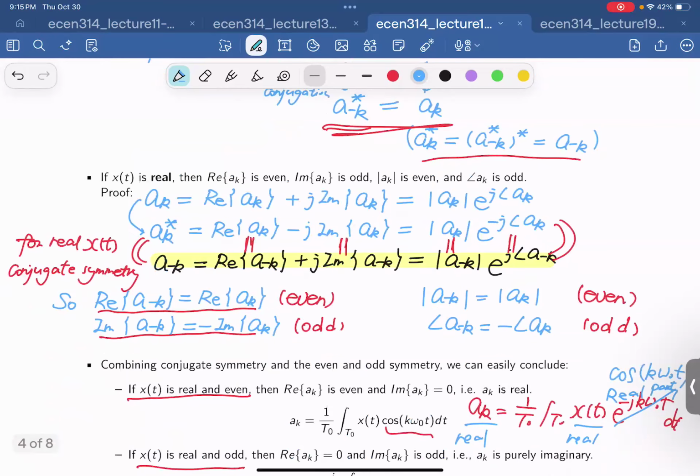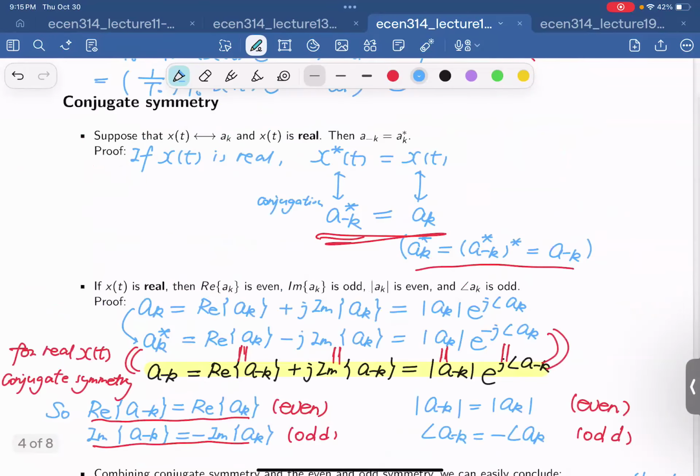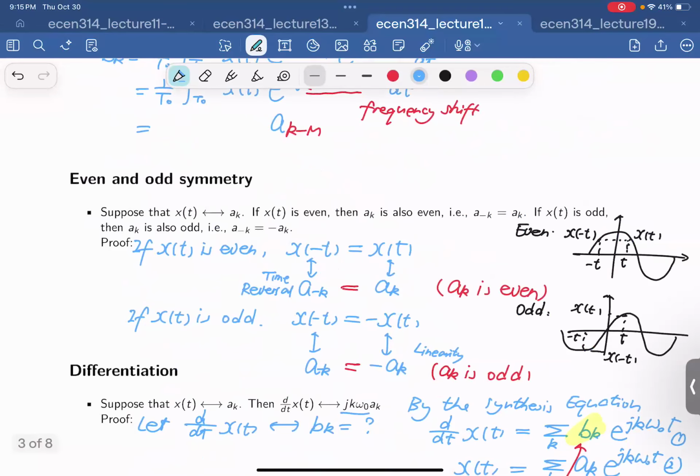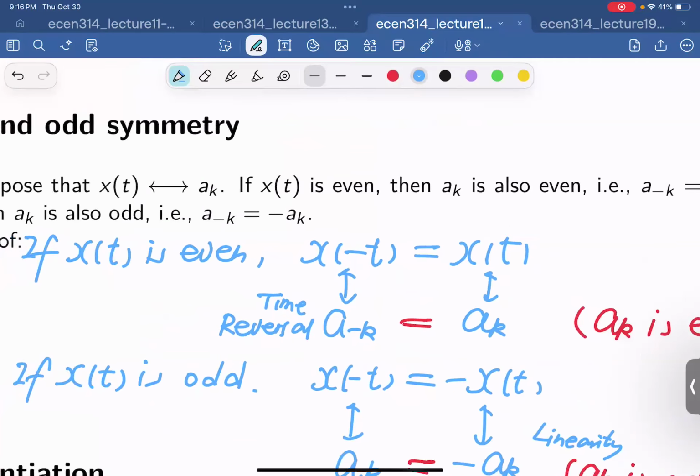Yeah, here we are. What we learned back then was that if the continuous time signal x of t is even, then the Fourier series coefficients a sub k is also even. We proved that together. So that's how we proved it, right?